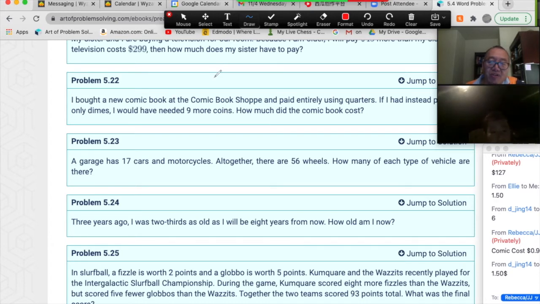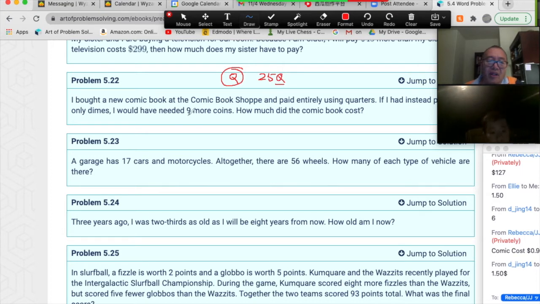The number of quarters, suppose that's Q. If we use Q quarters, this book will cost 25 times Q, because each quarter is worth 25 cents. So the book costs 25 times Q cents.